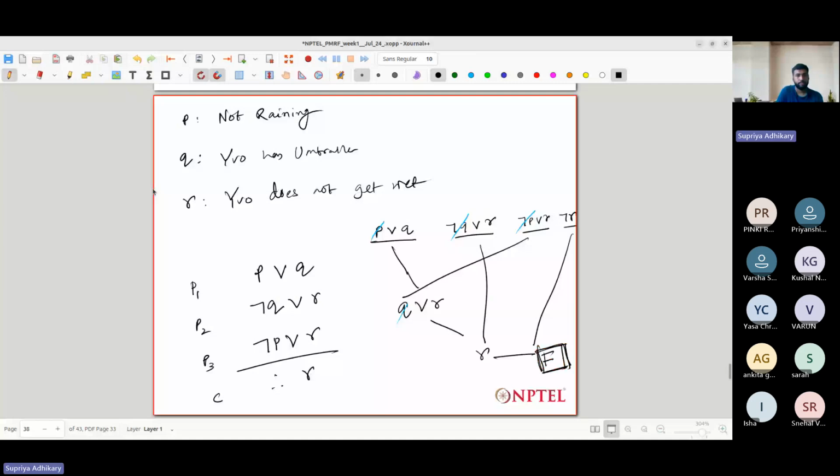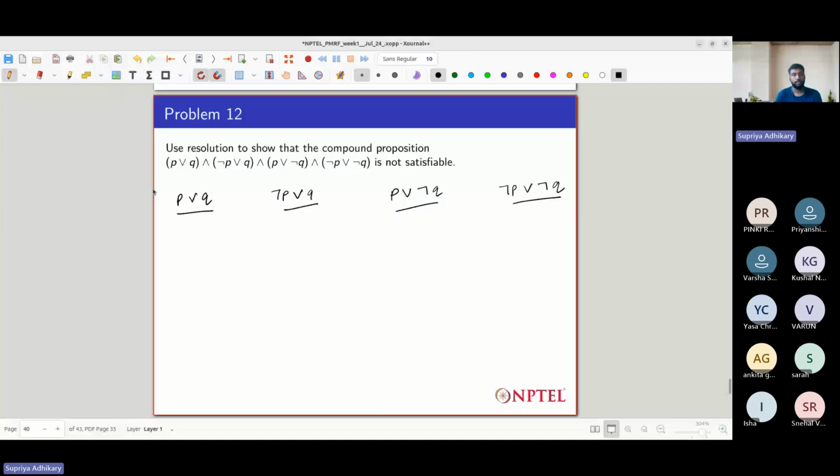So these are all the clauses. Now, to prove that this is not satisfiable, using the resolution tree we have to find a false assignment, basically.